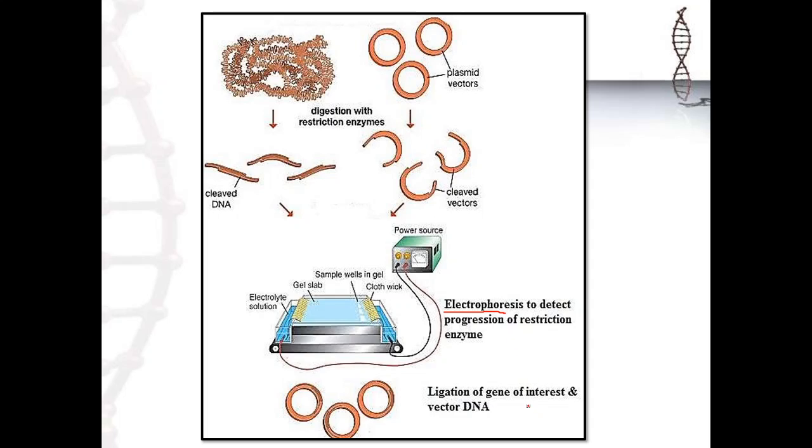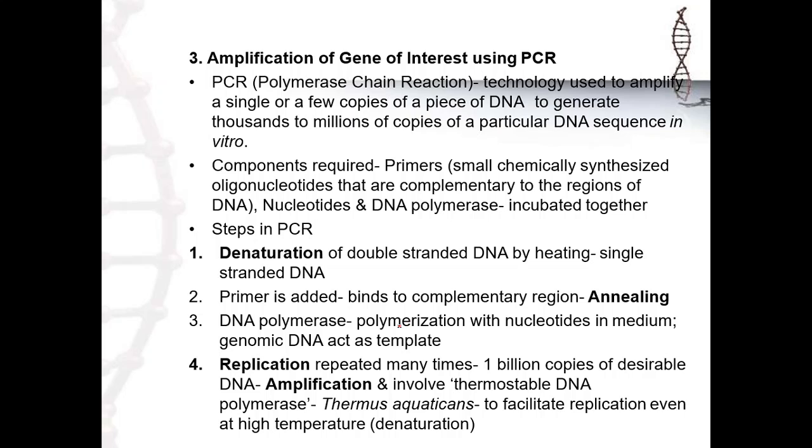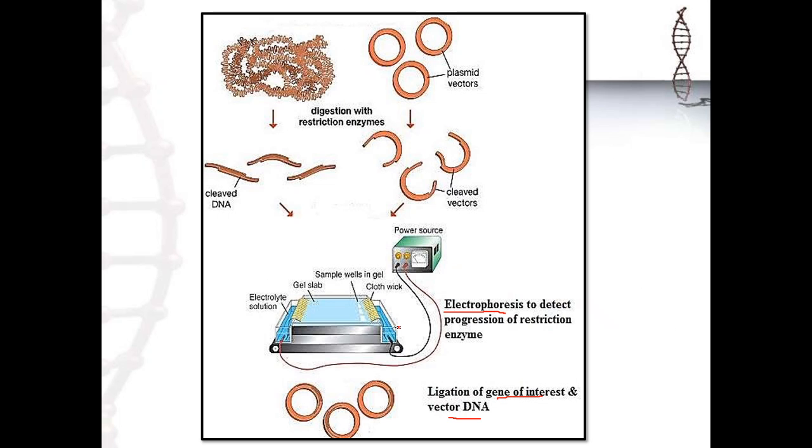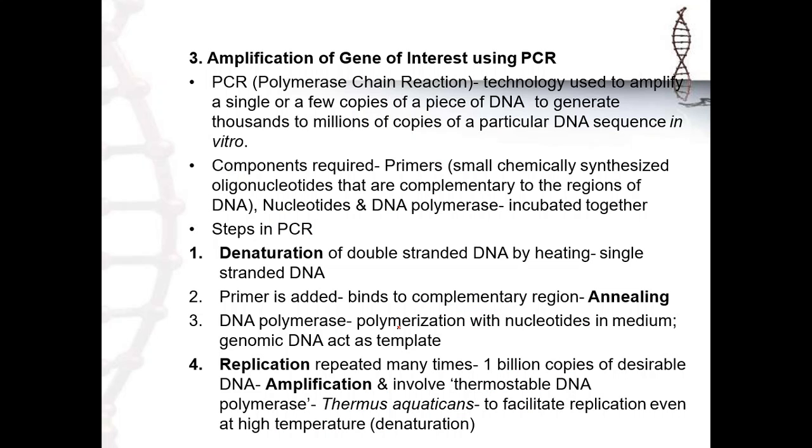Then ligation of the genes of interest and the DNA vectors. The foreign gene and DNA vector are joined and inserted into the host so that it will multiply. It will be produced in a large batch, in a large amount. Then we can also amplify the genes of interest using PCR, the polymerase chain reaction.